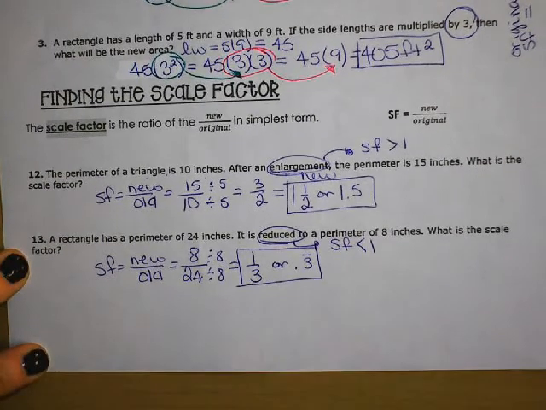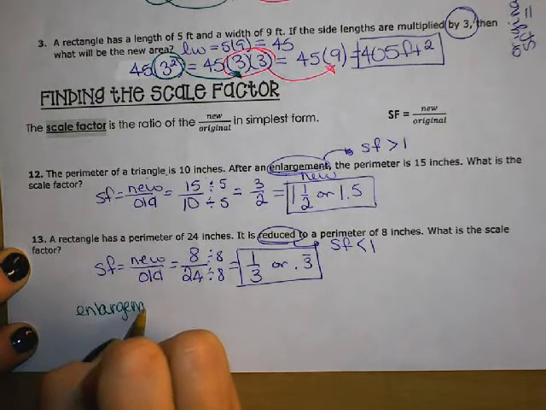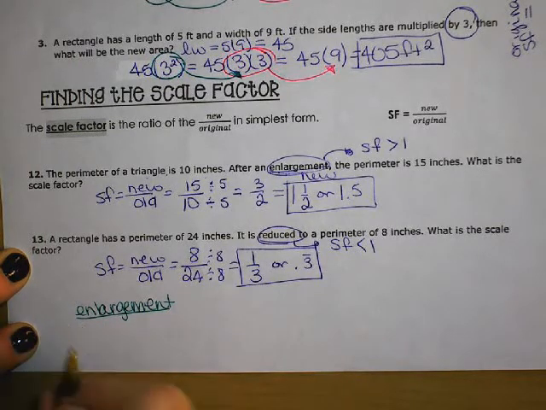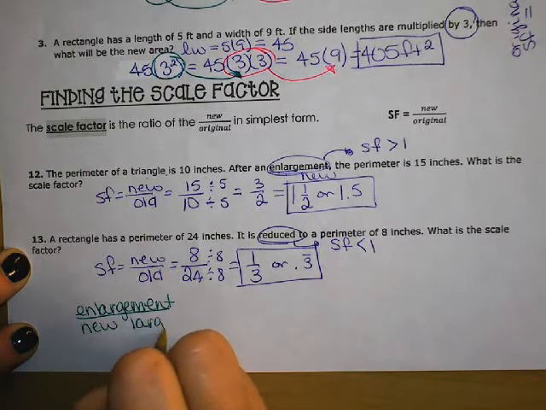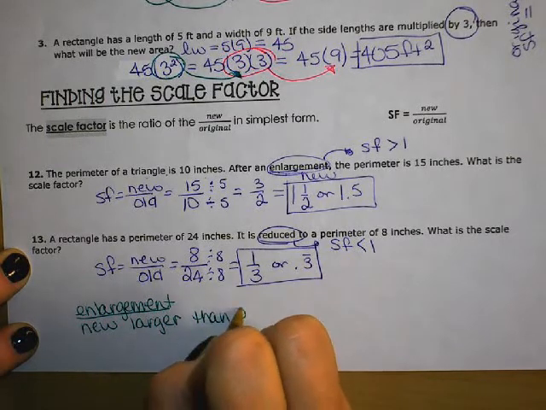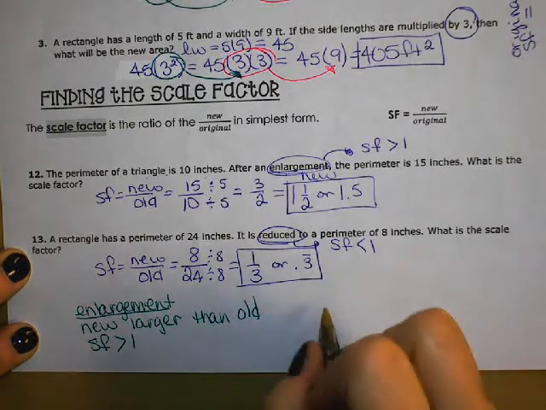I would like to make a note down here that if you have an enlargement, your new is larger than your old, and your scale factor will be greater than 1.